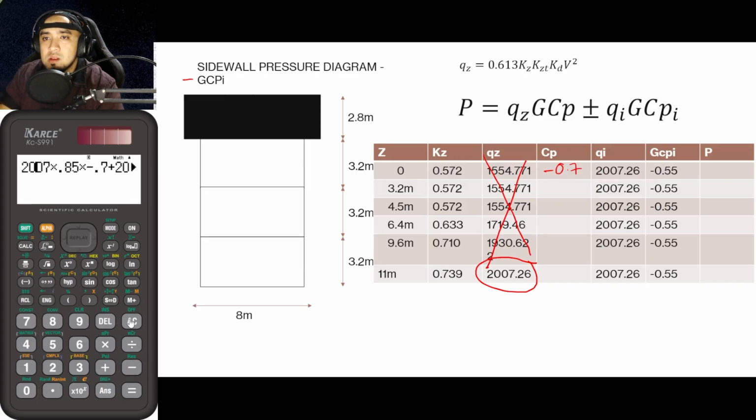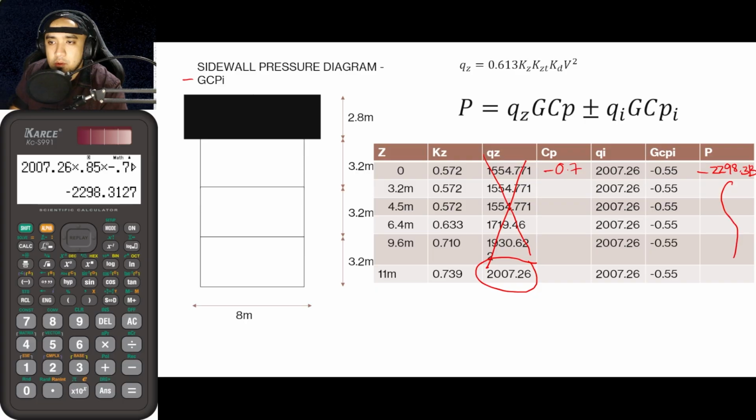So 2007.26, I should say. And the answer here is to be negative 2298.313. So it would be the same throughout even if you try to solve them one by one.